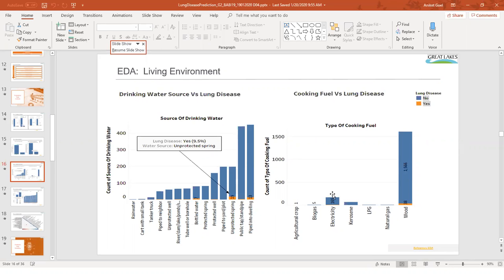So this is how the charts are prepared, so that you can understand which variables are actually relating to the problem you're looking for, right? Any other question, anyone?